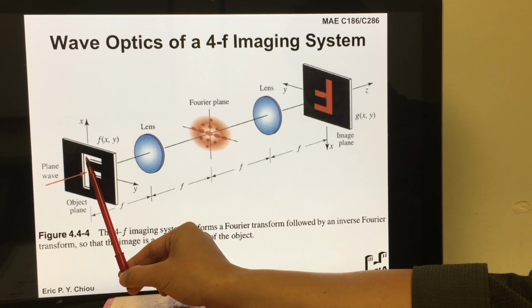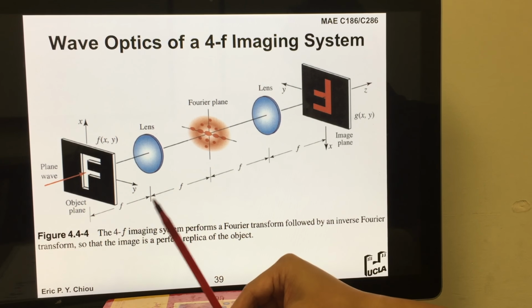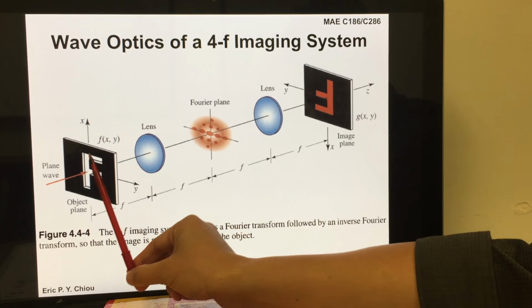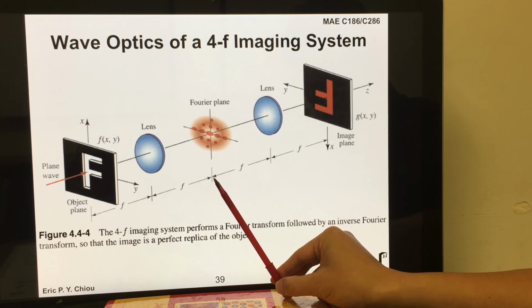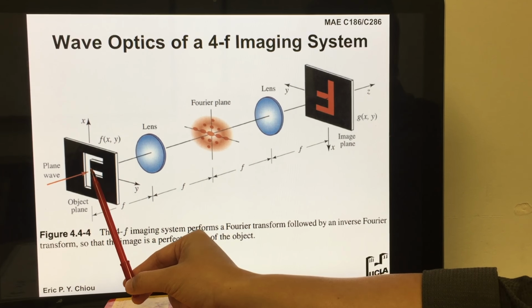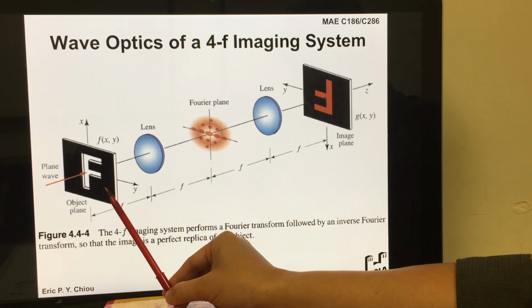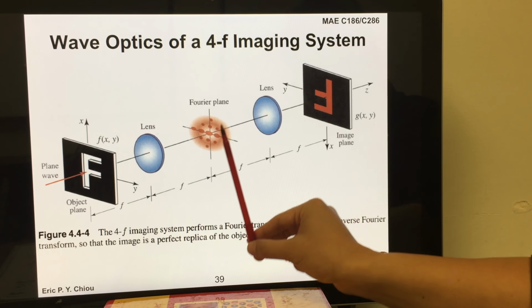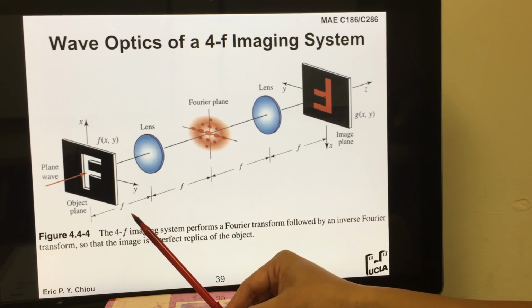After that, you have this field distribution pattern equal to the F character here, and then you will be able to detect the Fourier transform of this aperture pattern, and this is the Fourier component of this aperture pattern, okay?